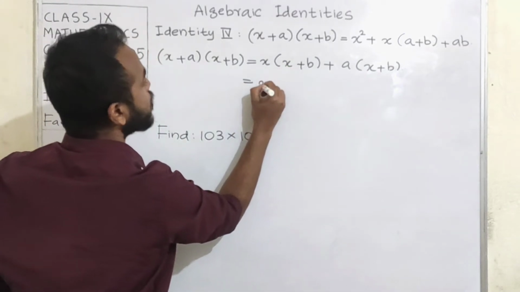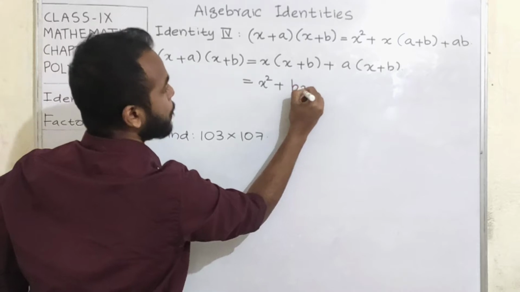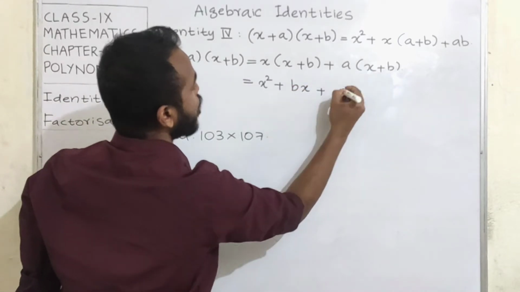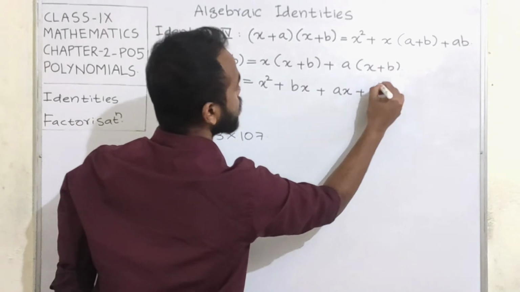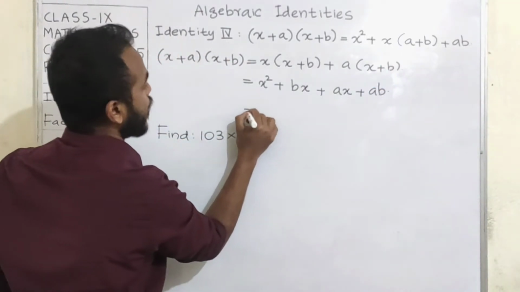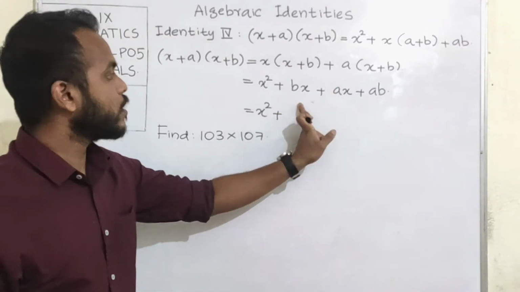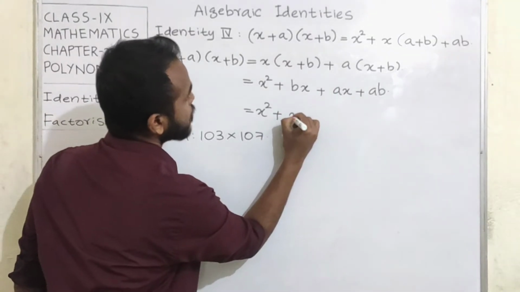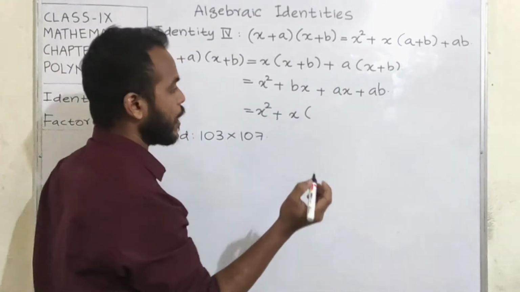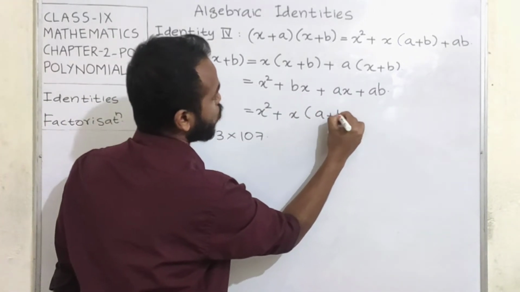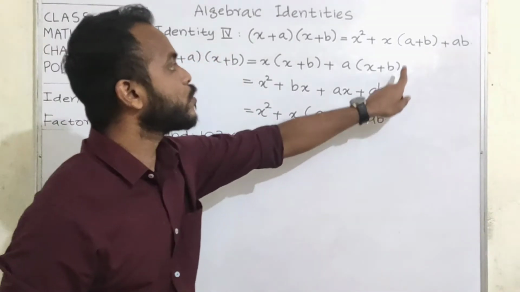X into x is x square plus x into b is bx plus a into x is ax plus a into b is ab. Now we can write further x square plus, there is an x common in both the terms, so I am taking this x times b plus a. B plus a or a plus b are the same, so a plus b plus ab. So we have proved the same.